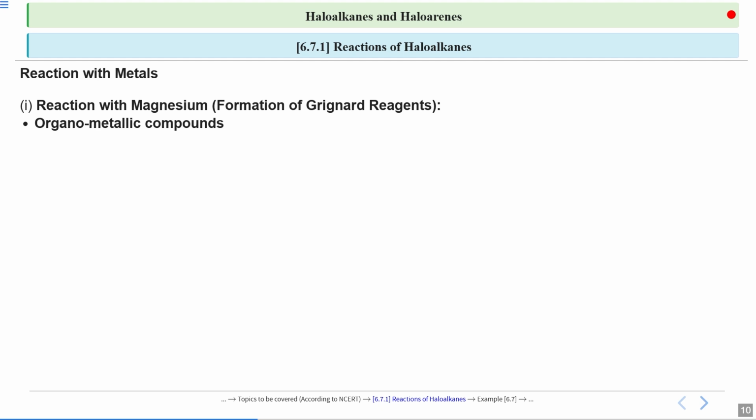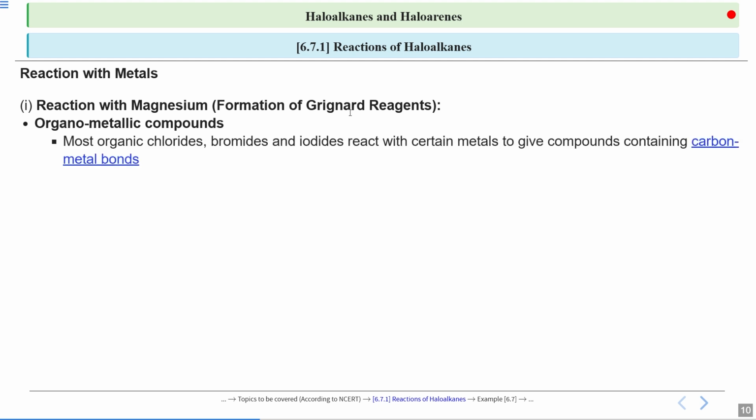Organometallic compound. So first of all, this reaction gives you an organometallic compound. Most organic chlorides, bromides and iodides react with certain metals to give compounds containing carbon-metal bonds, the bond between carbon and metal.